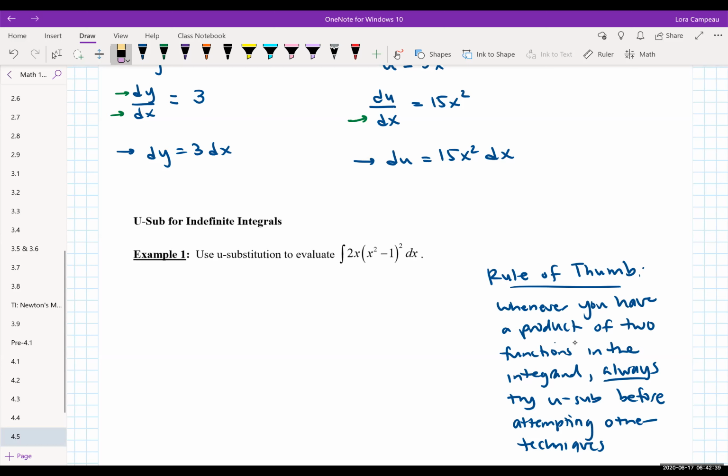So I see x squared minus 1. It would be so much nicer if that was just a single x, or x squared. So we'll use a USub, meaning we're just going to substitute the x squared minus 1 with a variable u.